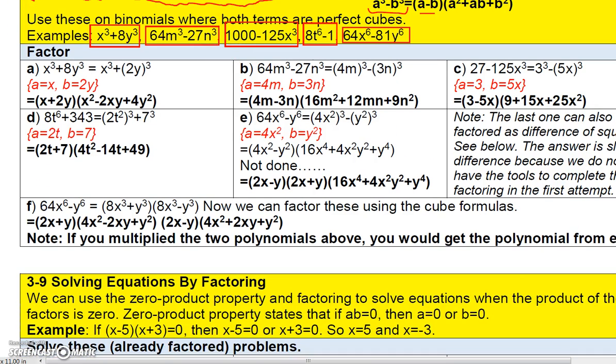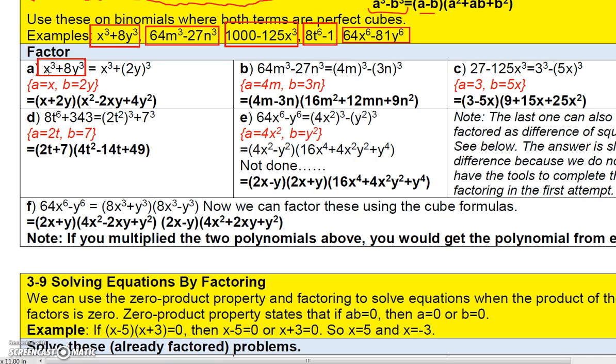Okay, so here let's talk about how we would factor x cubed plus 8y cubed. Now what I tell students is, if you know this is a perfect cube and you know this is a perfect cube, you may not have to write it down, but think about what is cubed to give these.